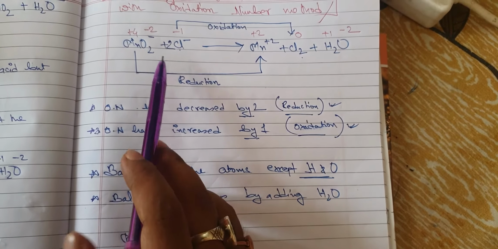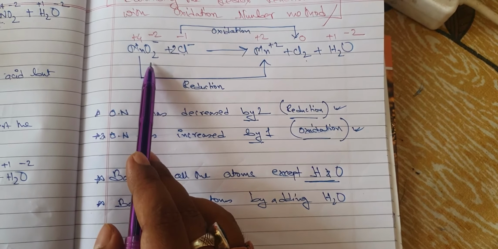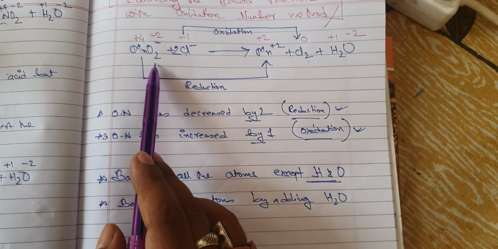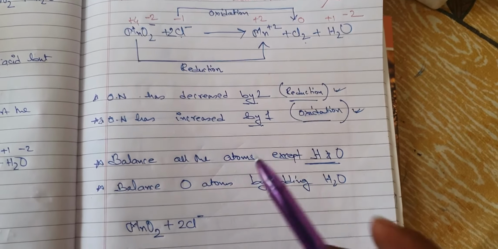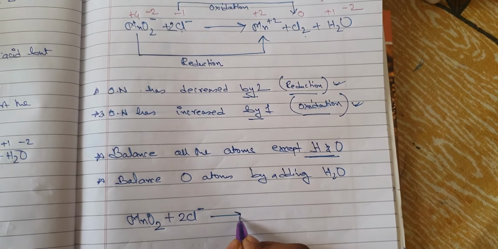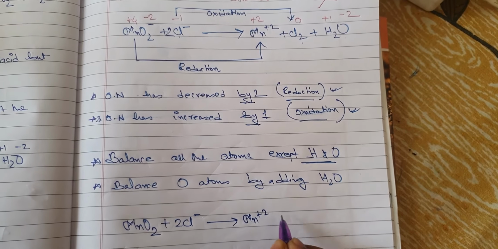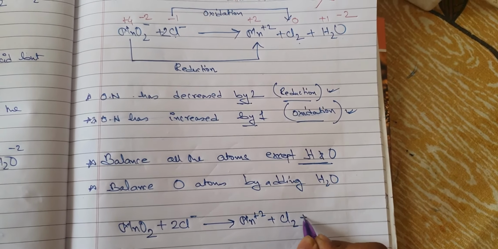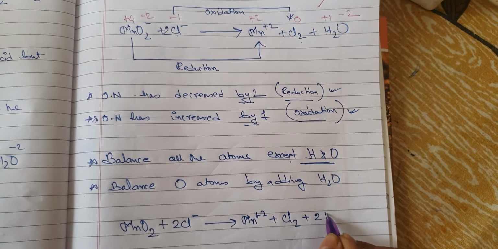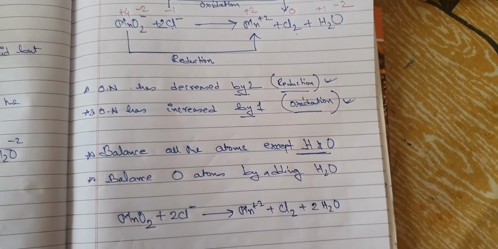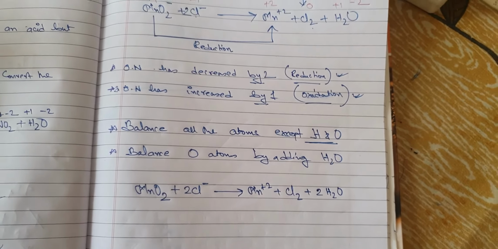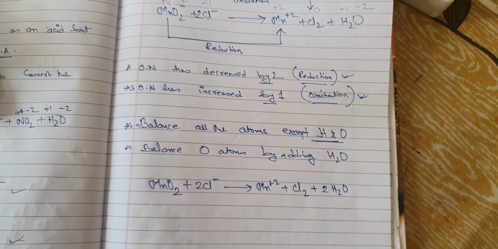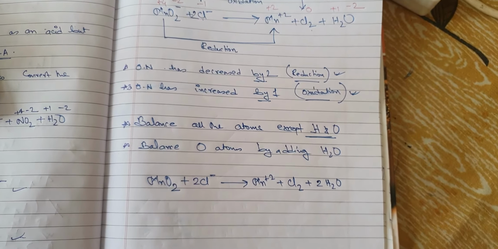Here how many O are there? 2 O's are here. Right or wrong? Here how many O are here? 1 O is here. So I'll just make it 2H2O. I have added 1 H2O, right? So 2O, 2O. Done. Now balance hydrogen atoms by adding H plus ions to the suitable site.